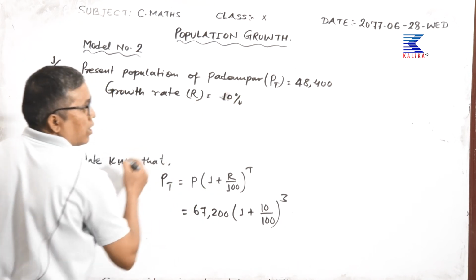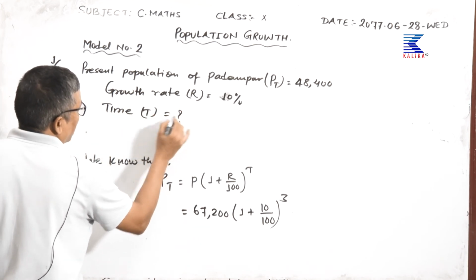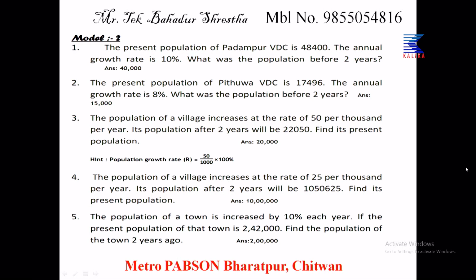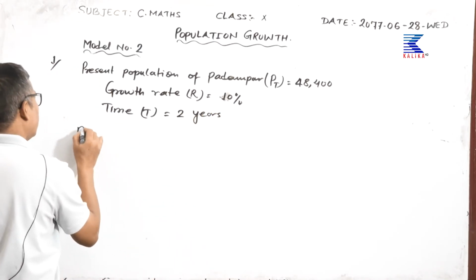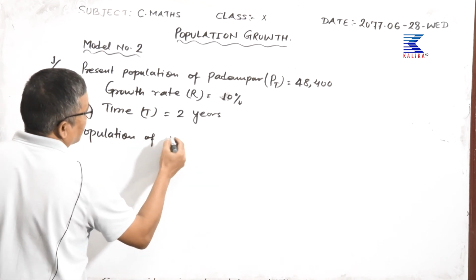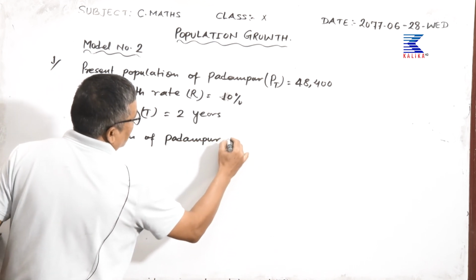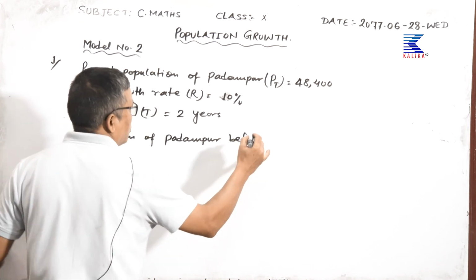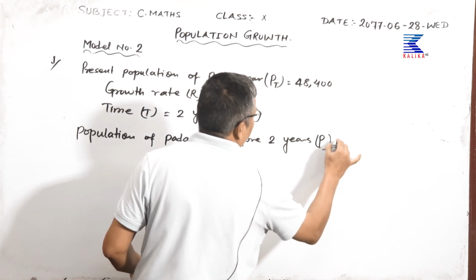Time t is equal to what? Then we have to find the population of Padampur VDC before 2 years. So, time is 2 years. Population of Padampur before 2 years, P is equal to what?